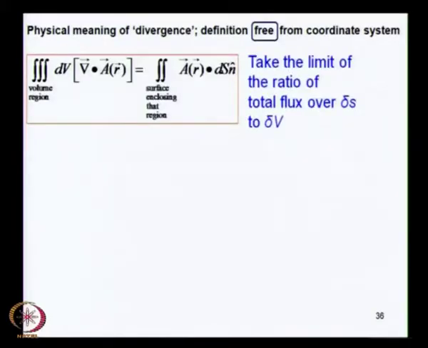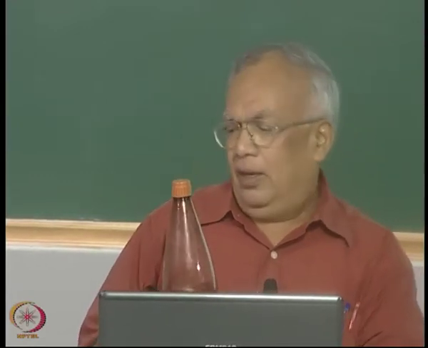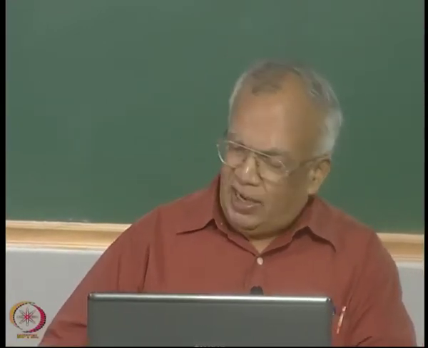So, if you take a sufficiently small region of space, a sufficiently tiny volume, no matter what its shape is. It does not have to be a rectangular parallelepiped, it does not have to be a cylinder. This is not even a cylinder, it has got cylindrical symmetry, but it is not a cylinder. Okay. You can take any closed shape.